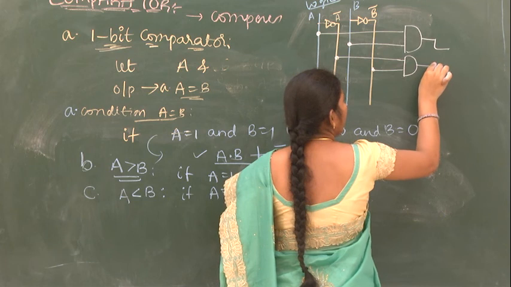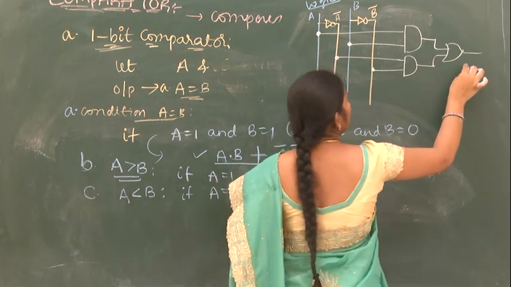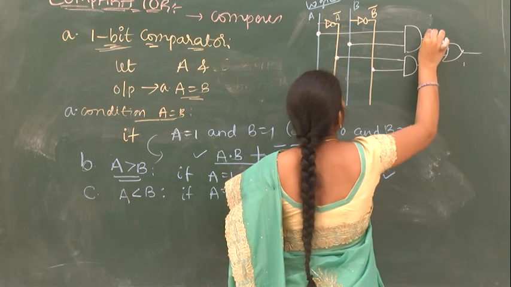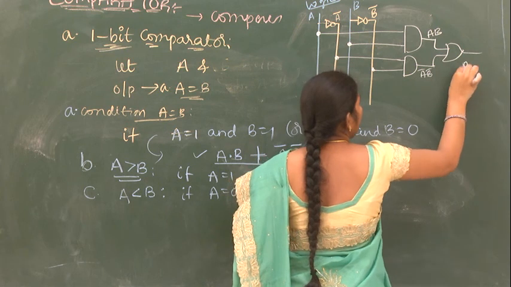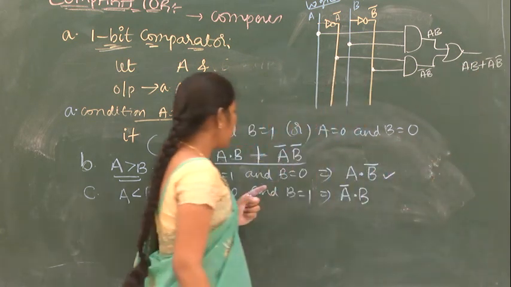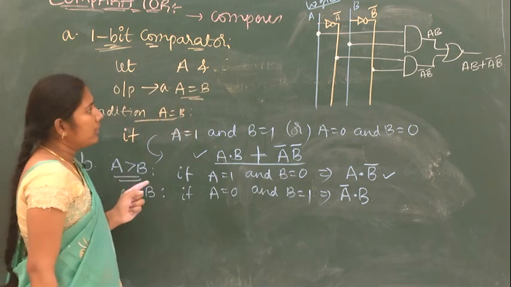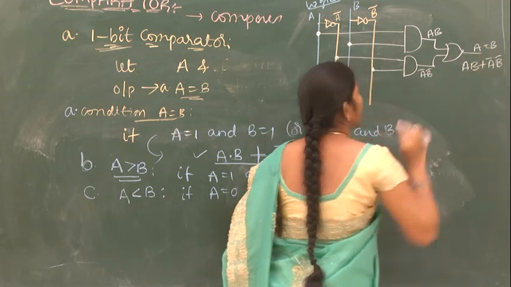So give it to an OR. So that we'll get AB plus A bar B bar, which is nothing but A equal to B condition, right?